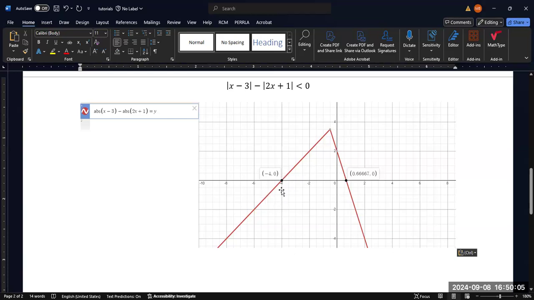Now, in this particular example, you can see that we have our two absolute values, and together they also produce a V-shaped graph. But in this case, it's going to be opening downward because the 2x is going to basically dominate the x graph. It has a larger slope, so it's going to increase faster, and we're subtracting it.